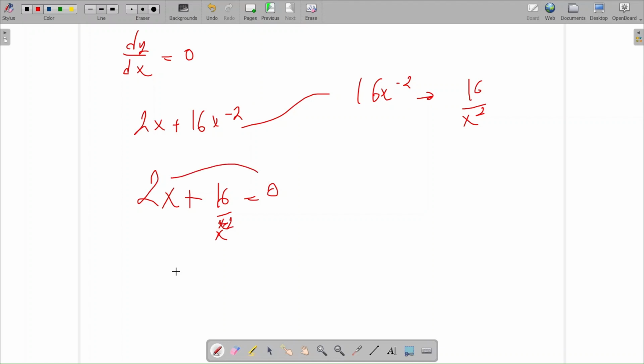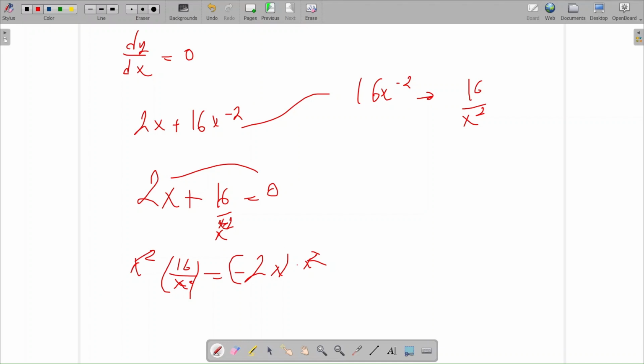Now take this to the other side. 16 over x squared equals negative 2x. We're gonna multiply on both sides to cancel it. So x squared here, and we're also gonna multiply here times x squared, because when you multiply on one side, you have to multiply on the other.